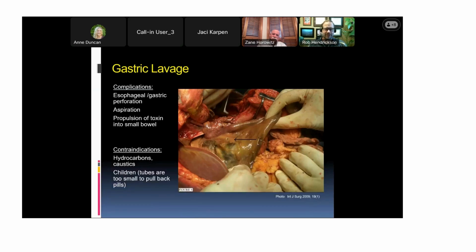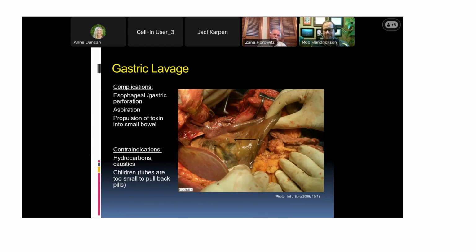The complications, of course, is if you're sticking a big tube somewhere, you can put it through someone's esophagus or their stomach. I think that would be extremely difficult to do. But if you're not trained in how to do gastric lavage and you don't measure, it is a relatively rigid plastic tube, so it's certainly a possibility.